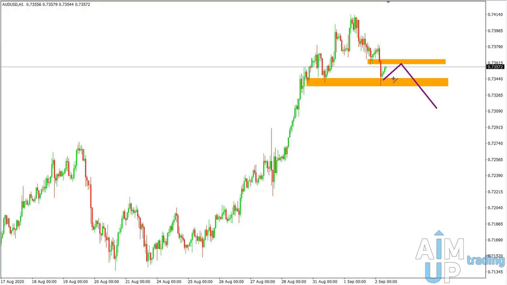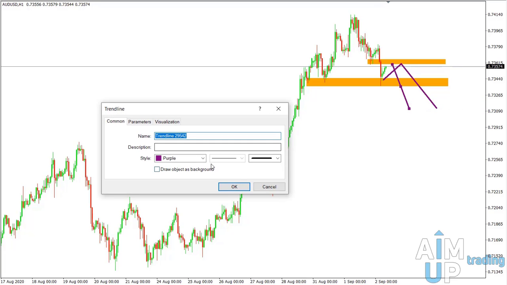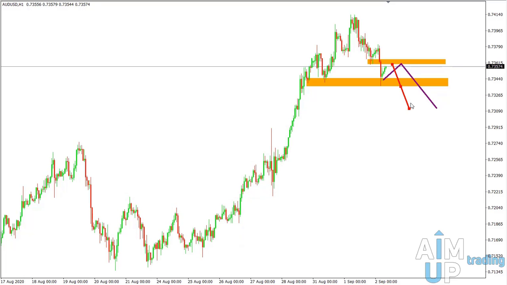Let me draw another thing that we expect. So we expect the price, after it breaks through this level that we draw, the second one, to go down, then make a retest.